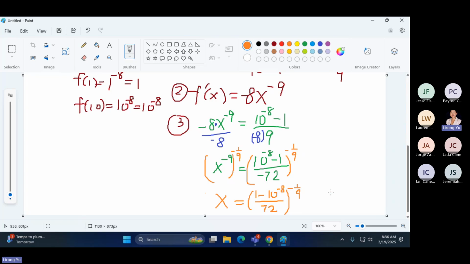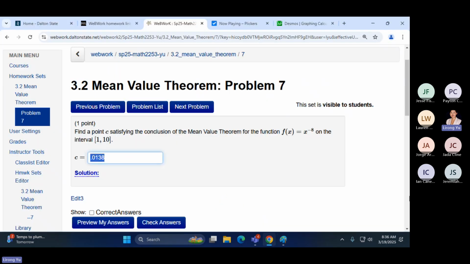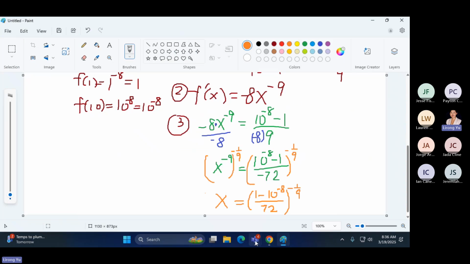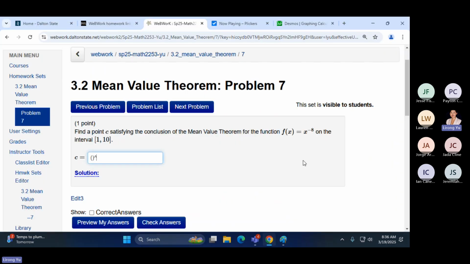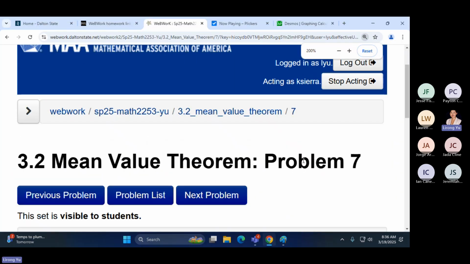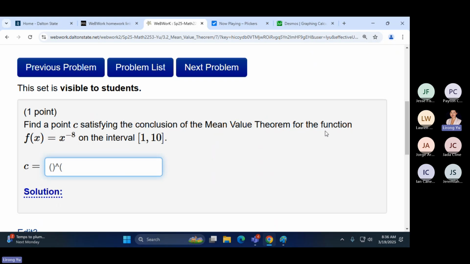And then the rest is you put it into a calculator. I would try to put it in here to see if this can be your calculator. So we're raising this fraction to a negative 1/9 power. Let me try to make this larger so you can see it. The power is negative 1/9.